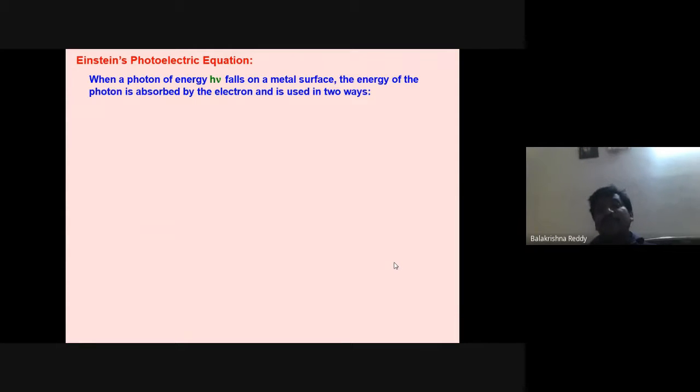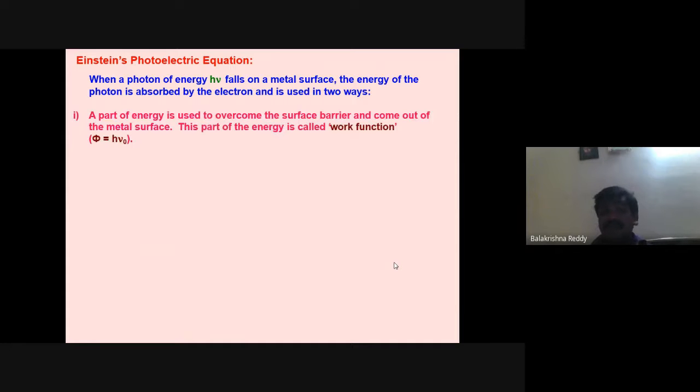when a photon of energy E equal to h nu falls on a metal surface with suitable frequency, the energy of the photon is absorbed by the electron in the metallic plate. After absorbing, what will it do? First, it is supposed to overcome the metal plate, the electron needs to come out of the metal plate.